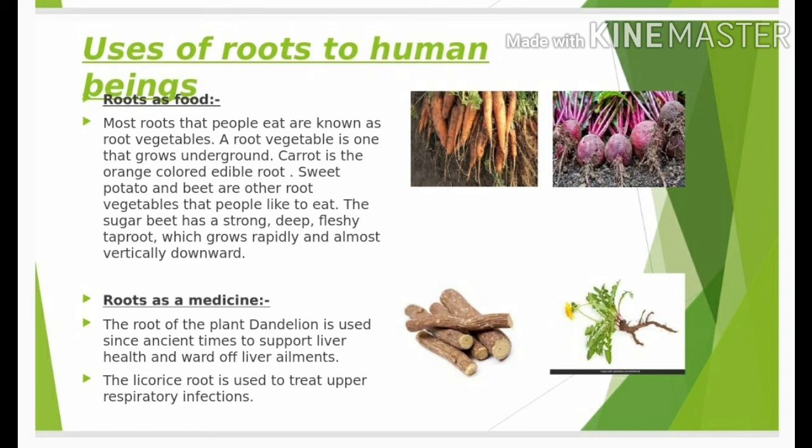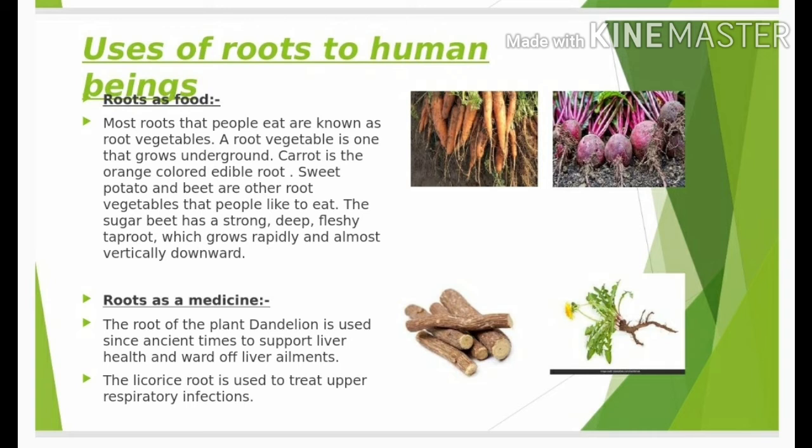Uses of roots to human beings. Roots as food. People and animals eat many kinds of roots. Most roots that people eat are known as vegetables and root vegetables. A root vegetable is one that grows underground.